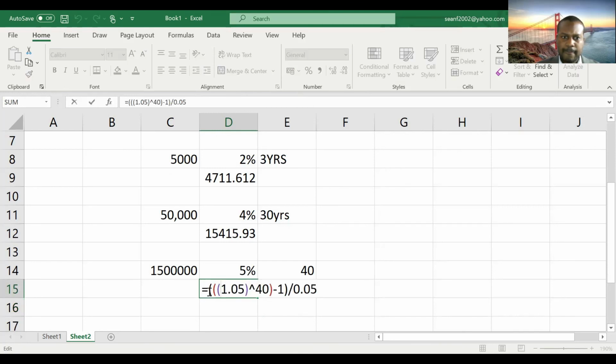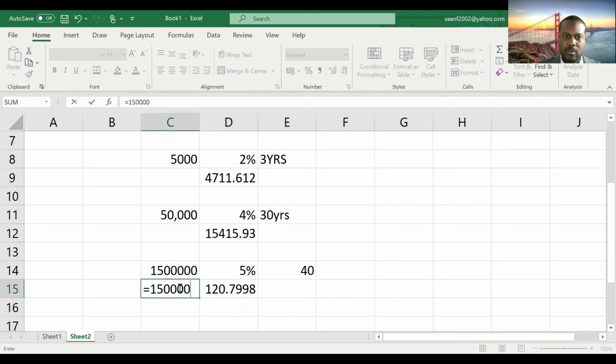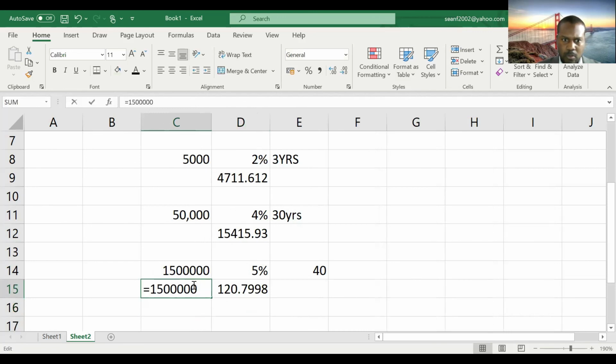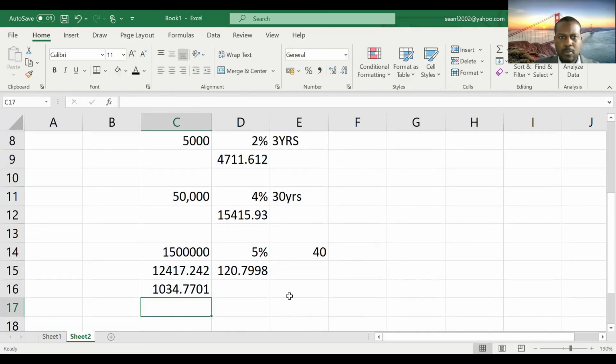It's 120, and then we have 1.5 million divided by that. 1,034.77.